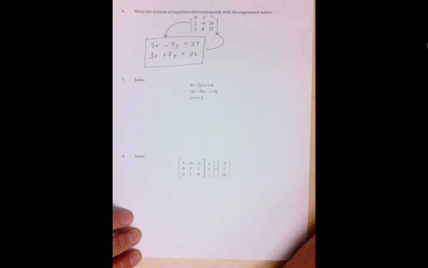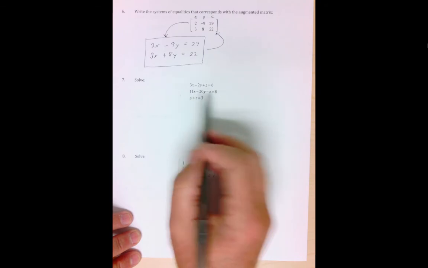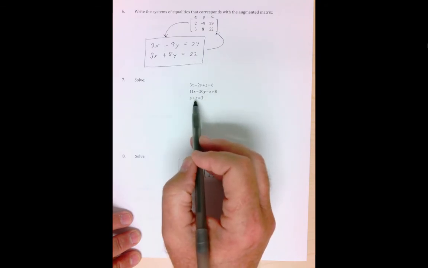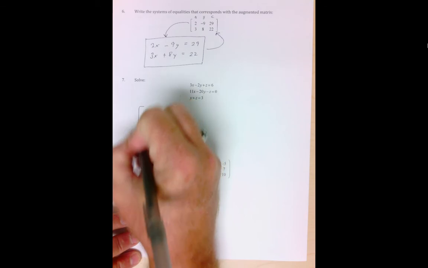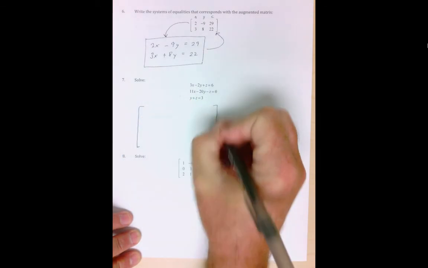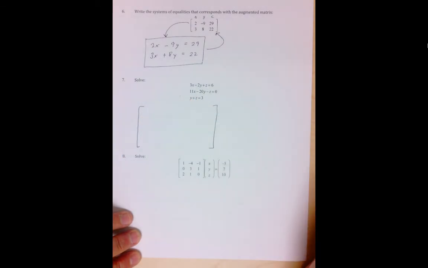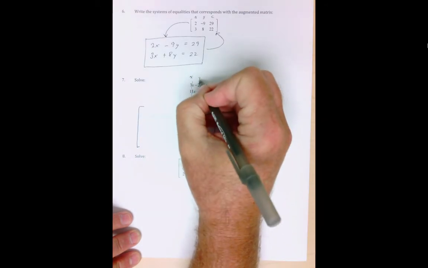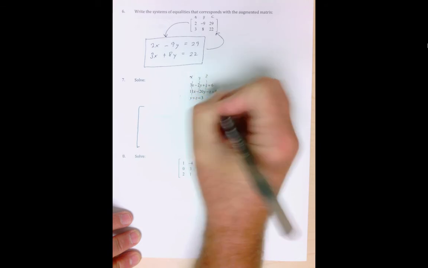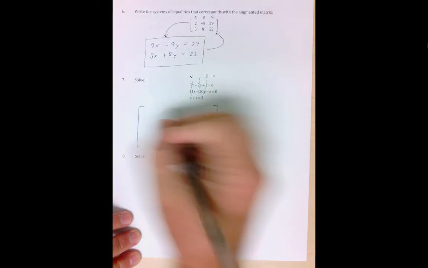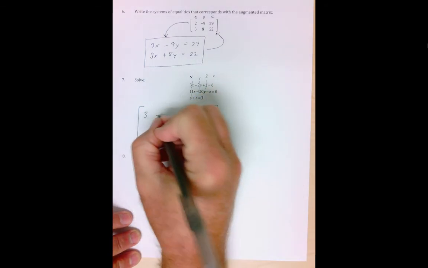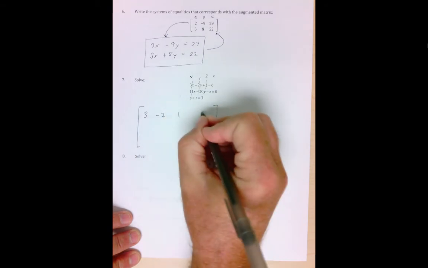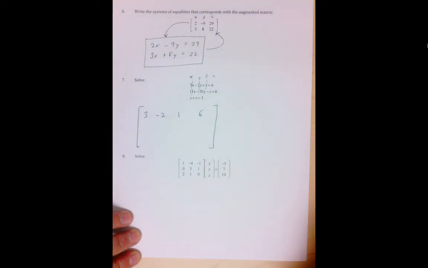Number 7, solve. Well, guys, the easiest way to solve these things, I think I've impressed upon you in this class, is to use an augmented matrix. So remember, I need my x's, my y's, my z's, and my constants. The first one is in nice form.